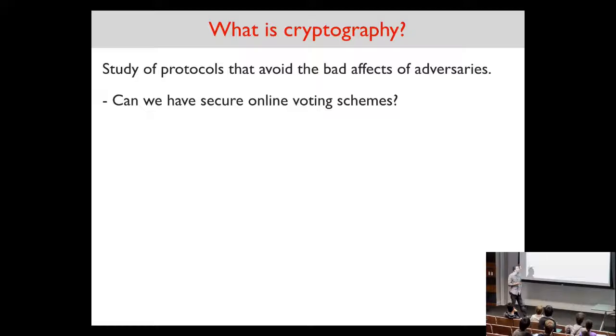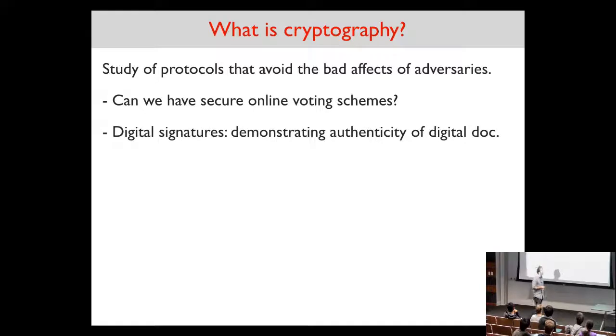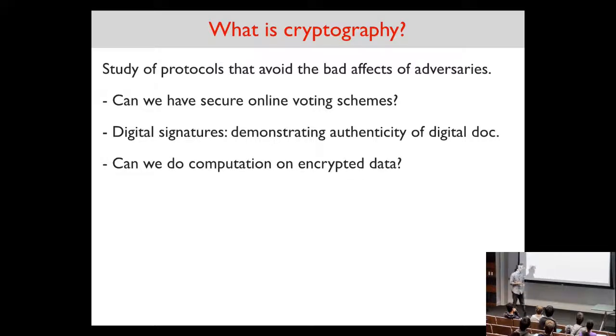For example, you can ask, can we have secure online voting schemes? That would be nice if we didn't have to physically go to some place to do our voting every time. Can we have digital signatures? Can I demonstrate the authenticity of some digital document to you, the way you physically sign a document, and can we replicate that in the digital world?